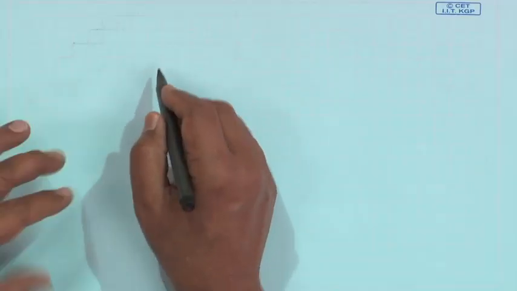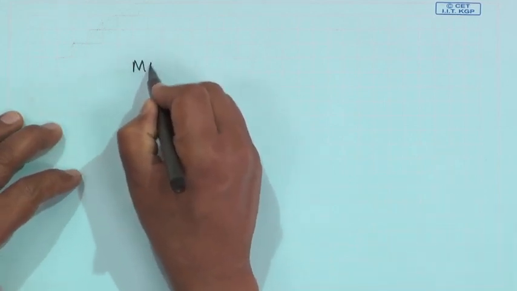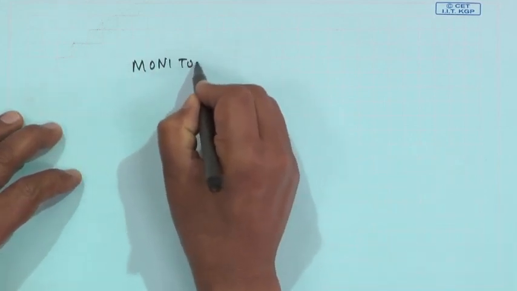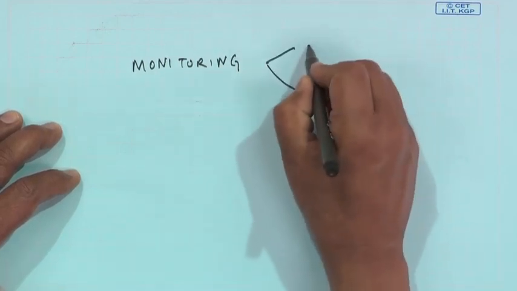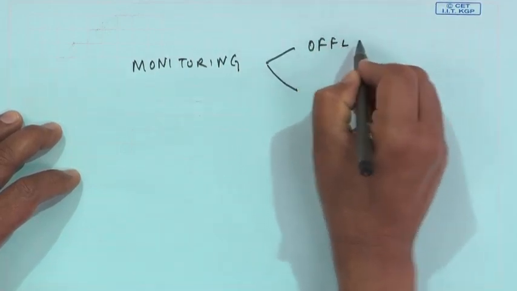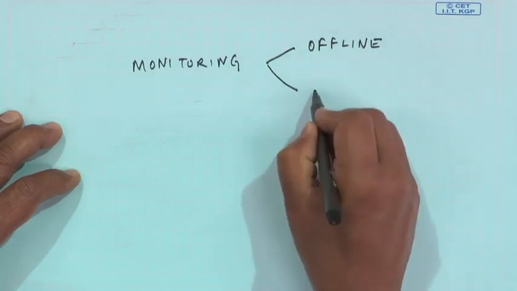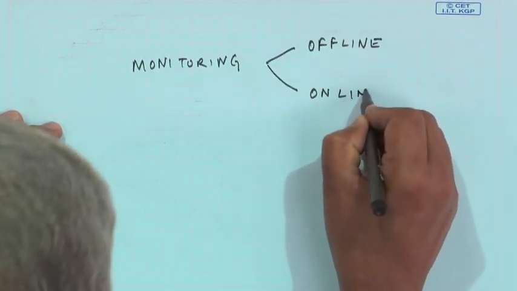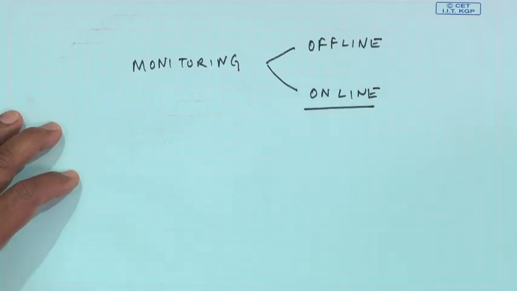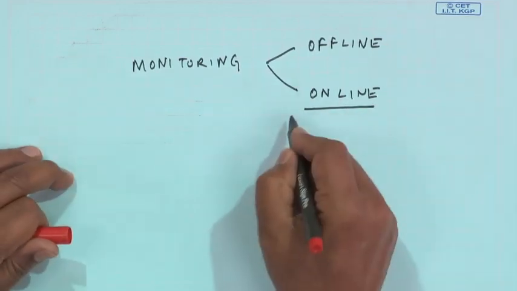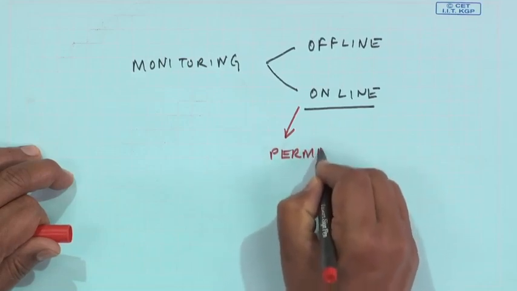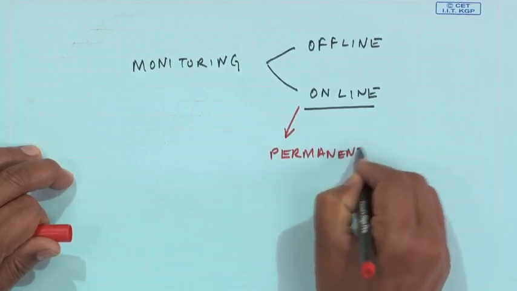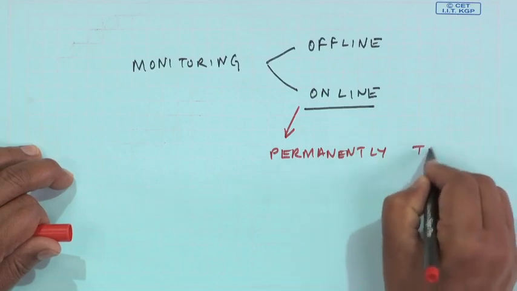So, this monitoring, as I had told you right in the beginning, can be done by two methods. One is offline and another is online. In offline monitoring, we have permanently mounted transducers.